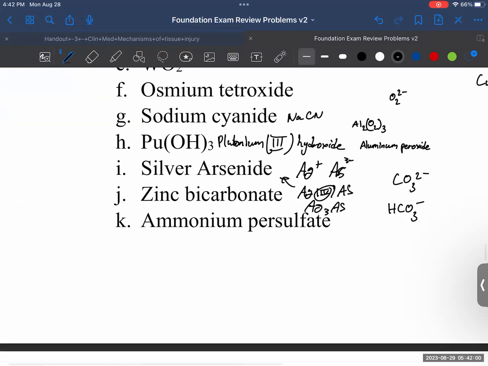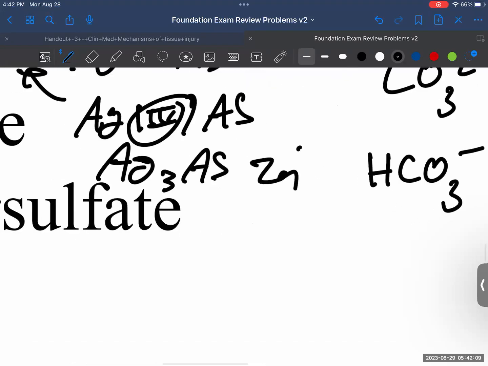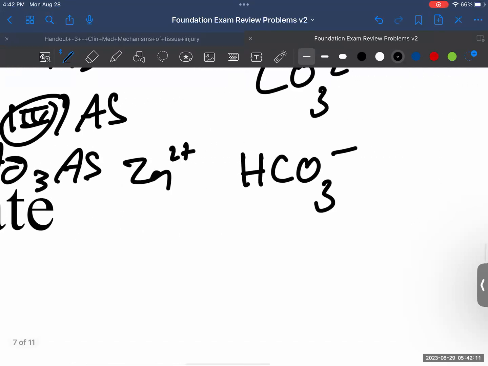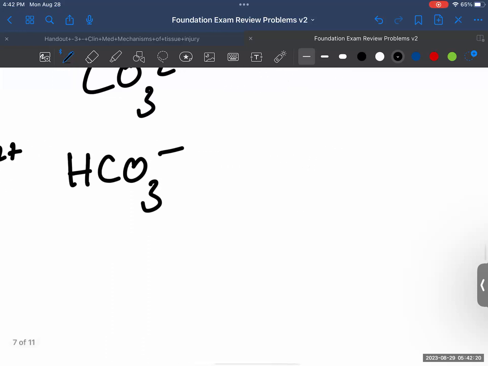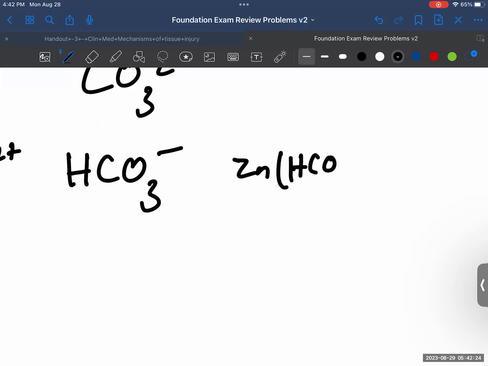And then what's zinc again? What charge is that? +2. So what would our formula be at the end of the day? Zn(HCO3)2. So we put the parentheses like this, and then 2.